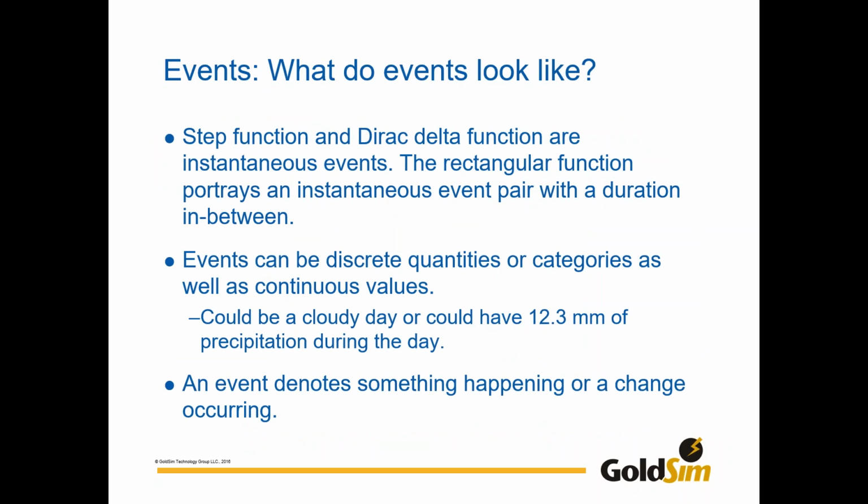Usually there's an instantaneous occurrence, or maybe two occurrences, where we're changing state in some manner. And events could be a category. They don't necessarily have to be a continuous value. It could be a cloudy day rather than having 15 millimeters of rain or something like that. So an event just denotes something happening or a change occurring.